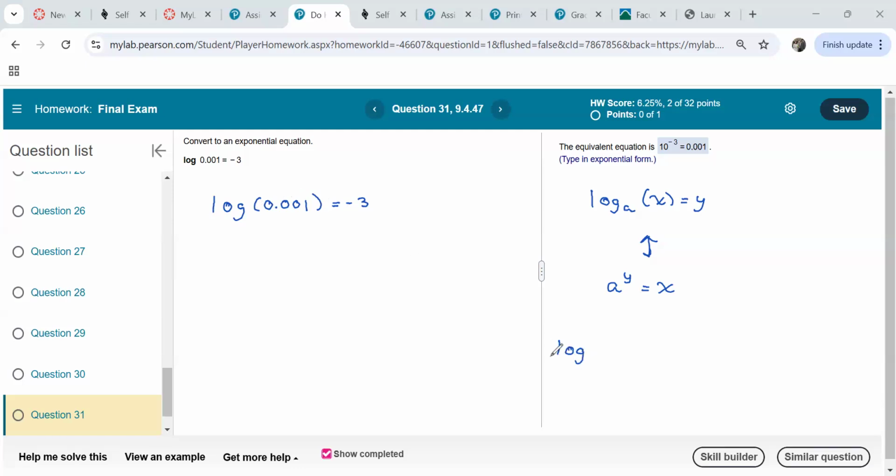So remember that if we don't have a base, that is what we call the common log. And when there's no base there, it's supposed to be base 10. So my base is actually 10. That's my a. Then this y, the negative 3, becomes the exponent, negative 3. And then what it should equal is 0.001.